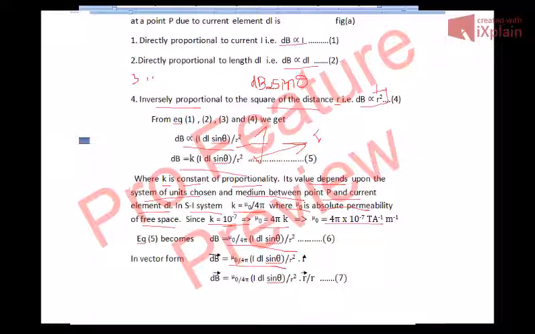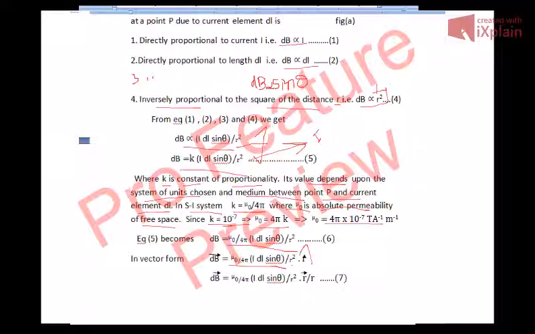So in vector form, we can write equation 5 as dB is equal to mu naught upon 4 pi I dl sine theta by r square into r unit vector.